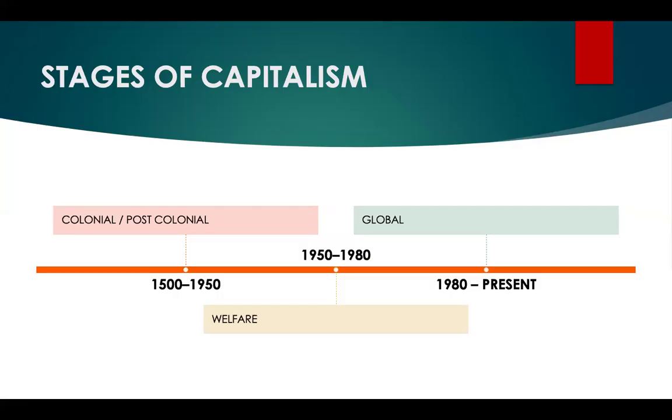And then in the mid 20th century to the 1970s, we will call it Fordist Keynesian capitalism. The key features of that were mass production and mass consumption, assembly line production, automotives and automobiles, and welfare state policies like minimum wages, labor protection, and social security that spread around the world.